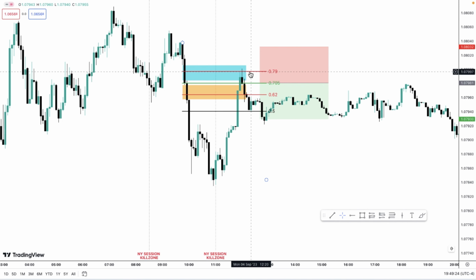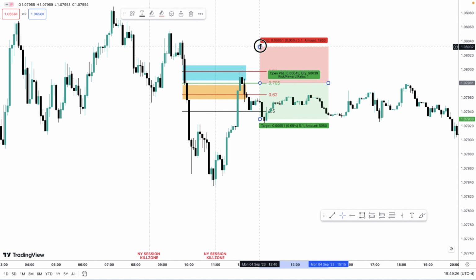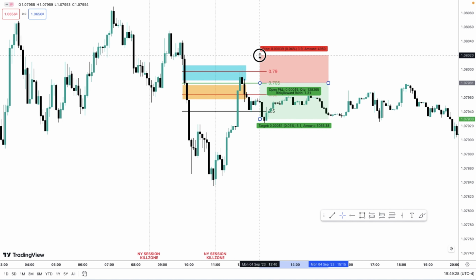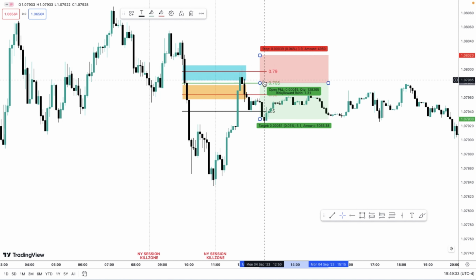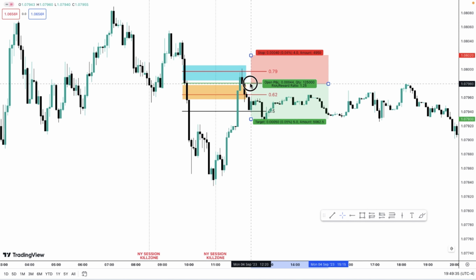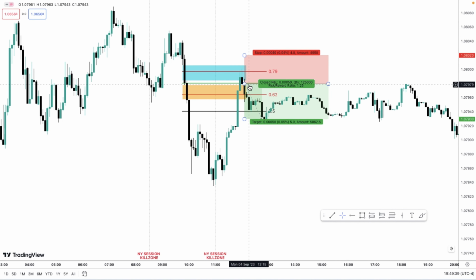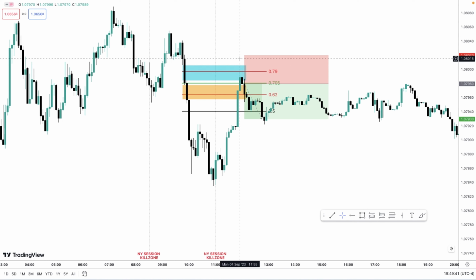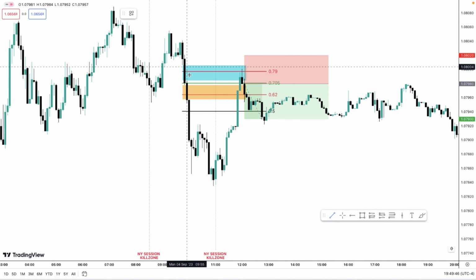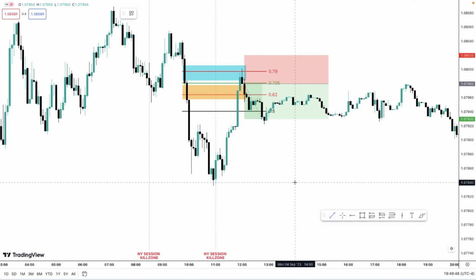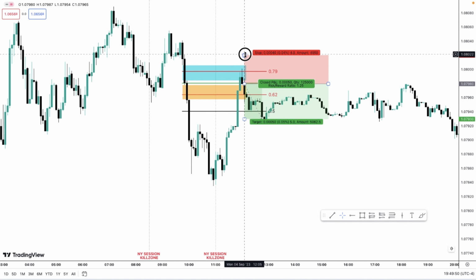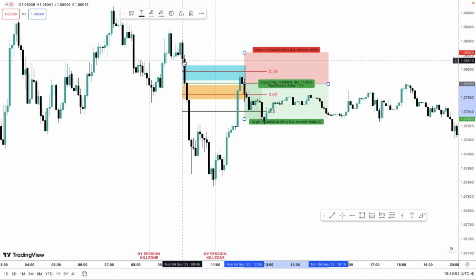So your stop loss, again, let's say for example you're trading the 70 level. You're selling at the 70 level. The stop loss, you can be confident putting your stop loss above this candle, the candle that creates the fair value gap.